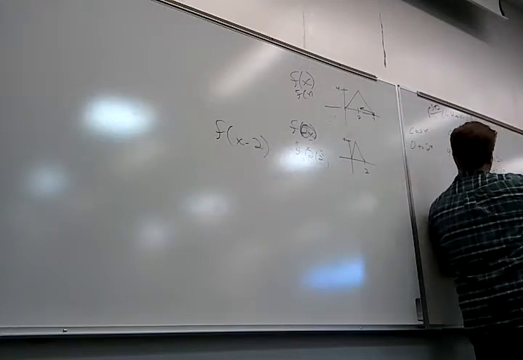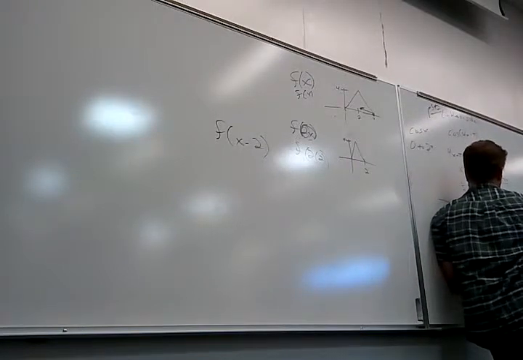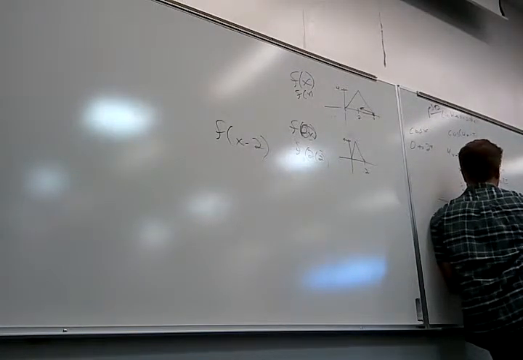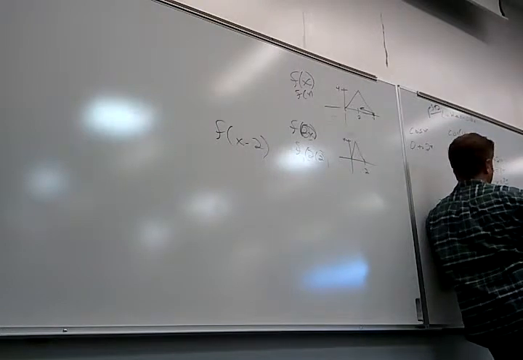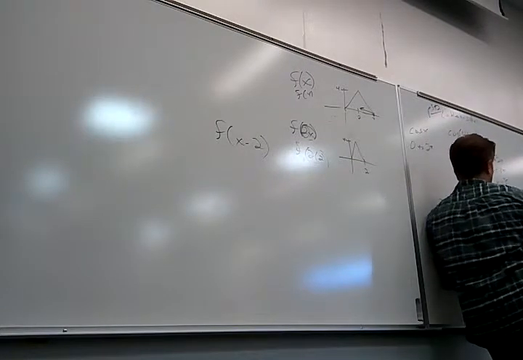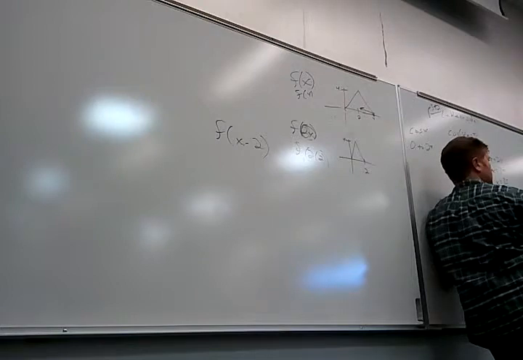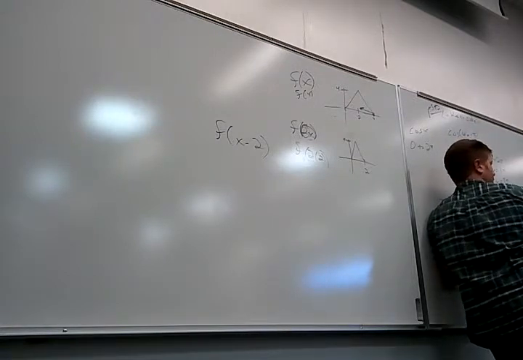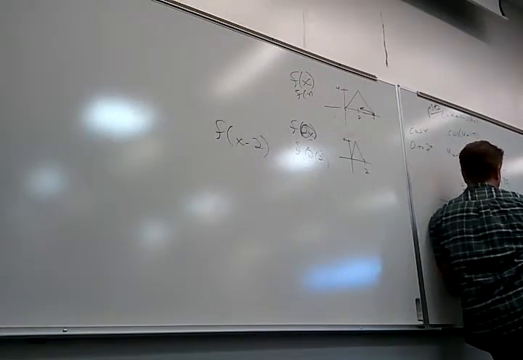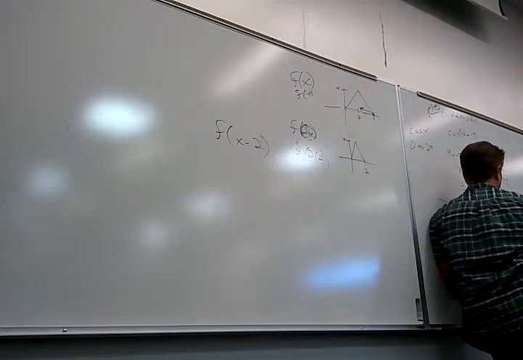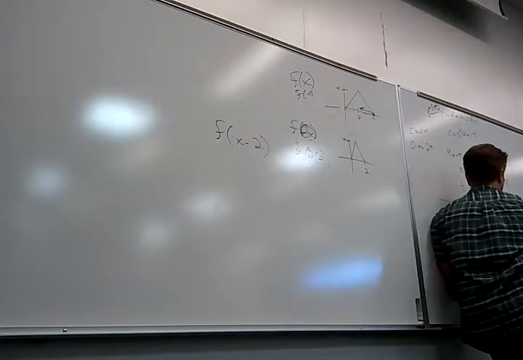Then my pi over 4 is roughly a third of the way over this way. Now in here, I want to break this up into 4 parts. So if my period is pi over 2, I want to take steps of pi over 8.